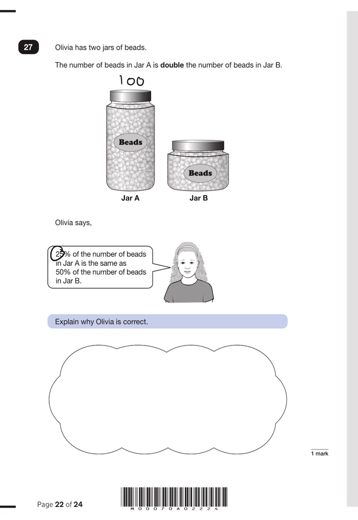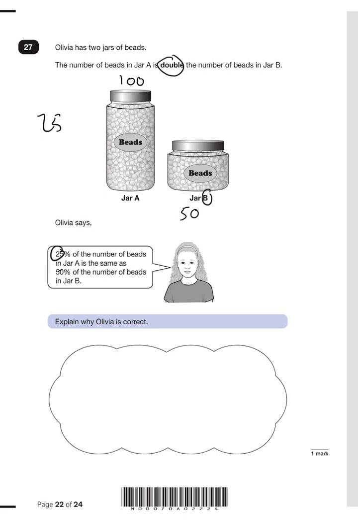25% of that would be 25. 50% of the number of beads in jar B. It's saying that that is the same amount as 25%. And here we're saying that A is double B. If A is double B, then B is half of A. So B would have 50, because half of 100 is 50.